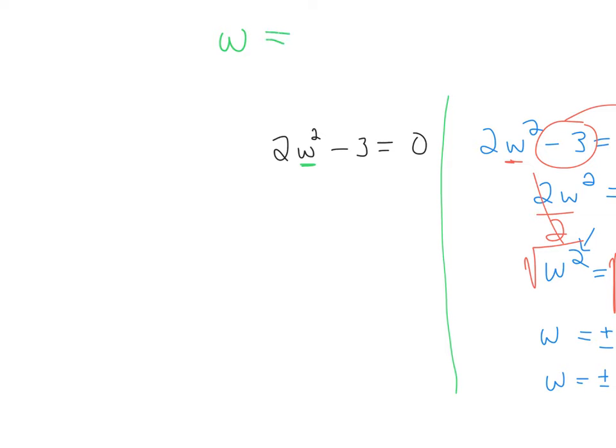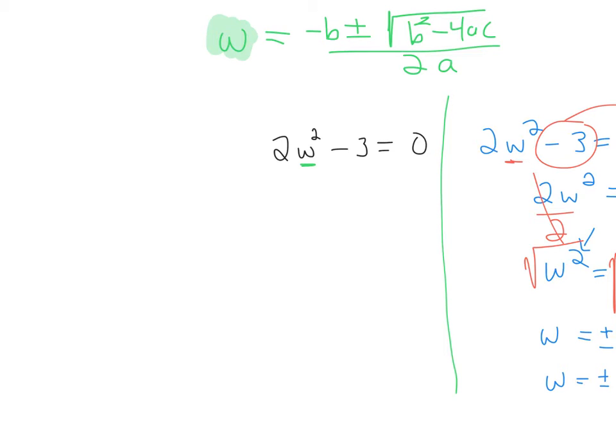So w is equal to negative b plus or minus the square root of b squared minus 4ac all over 2a, right? So that is my quadratic formula. And since I'm solving for w specifically, I'm going to use the variable w instead when I write out my formula. Now back to this question.